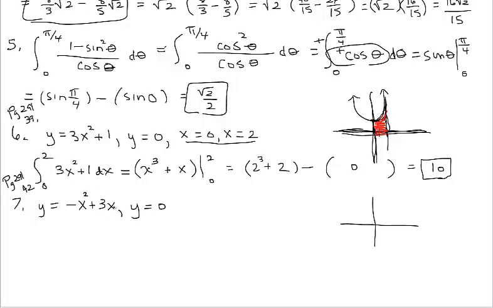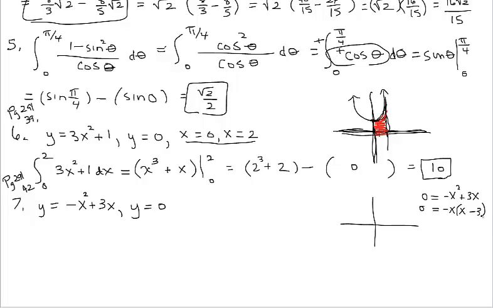Downward opening parabola. Over here, if I were to find the x-intercepts, I would let y be 0 here. I'd factor out an x, or a negative x, leaving you x and then minus 3. Check your work. You're factoring by distributing.